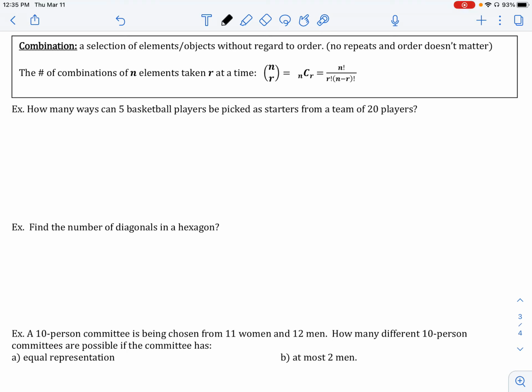So let's look at this first one. How many ways can 5 basketball players be picked as starters from a team of 20 players that are available to us?